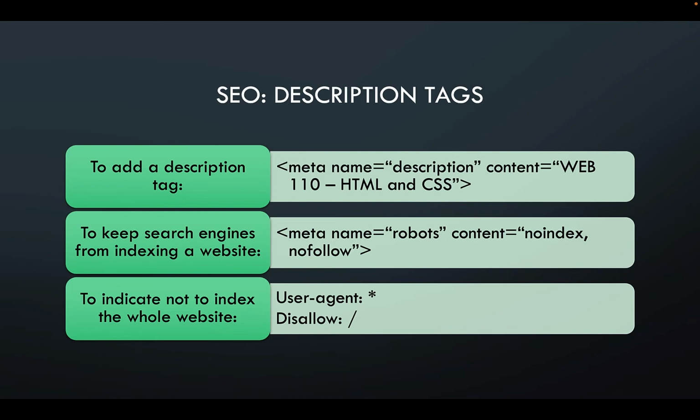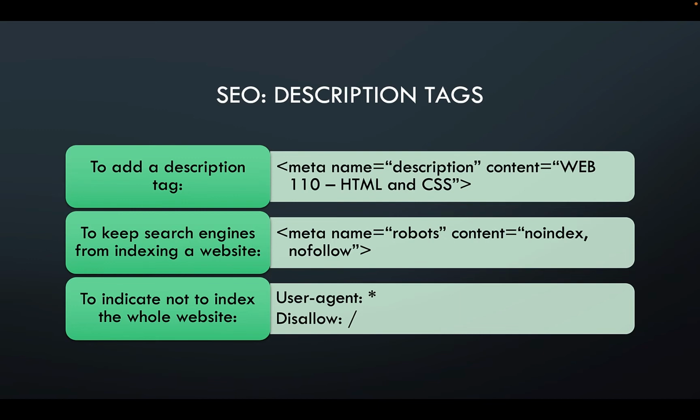When you are working on optimizing search engine results, you can use the meta tag and the name to pick things like description and keywords, and then you set the content attribute to the information that would go there. So here we have description, and the content is Web 110, HTML, and CSS. That would be the description that would show up when you preview this website in the search engine results.